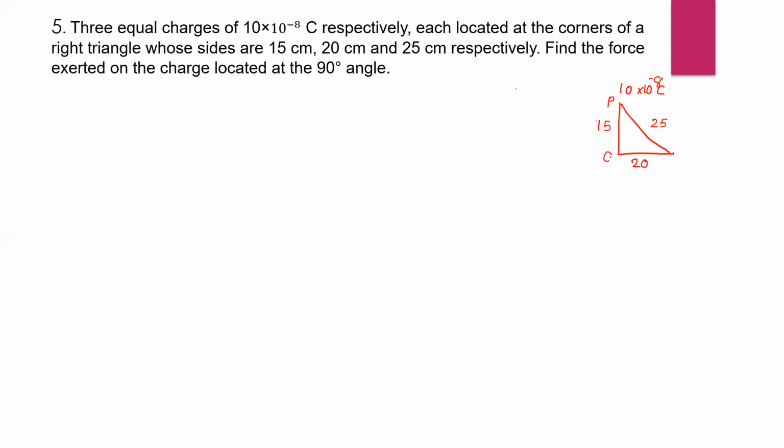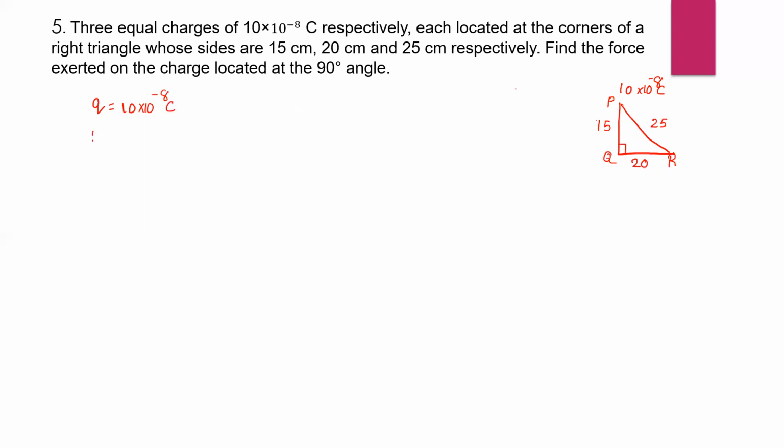Let it be triangle PQR. Find the force exerted on the charge located at the 90-degree angle. Here Q is 90 degree. We want to calculate the force acting on Q. So here Q is 10 into 10 raised to minus 8 coulomb.